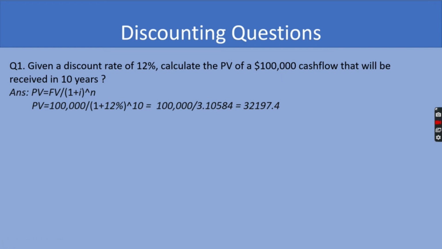And using the financial calculator, clear TVM, 100,000 is the future value and 12 is I/Y and 10 is N. Compute present value and you'll get this answer.